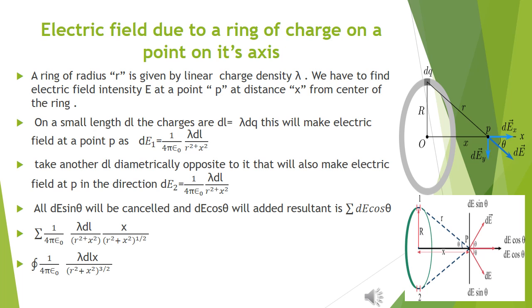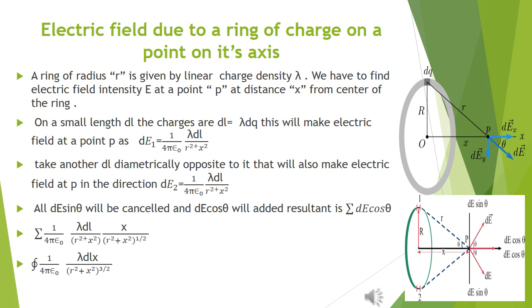How much electric field is at point P? So according to Pythagoras theorem, the hypotenuse of this right angle triangle is under root r square plus x square. So here electric charge is distributed and we have to give certain quantities in terms of which we have to find out the value of electric field.